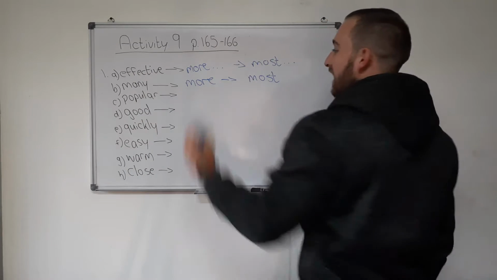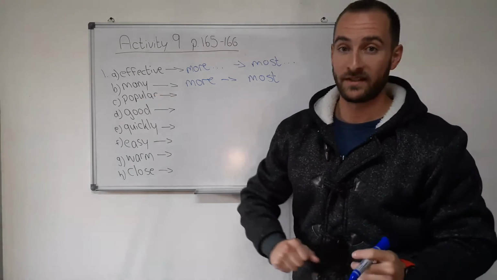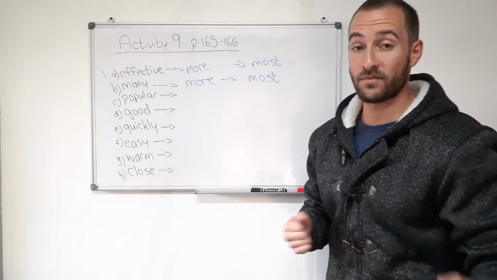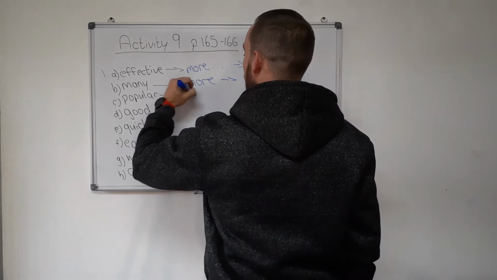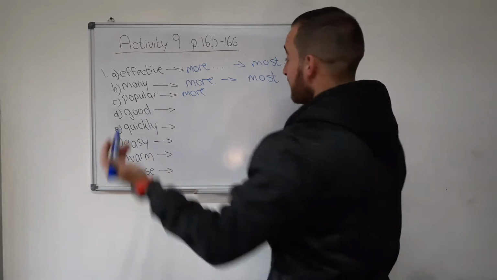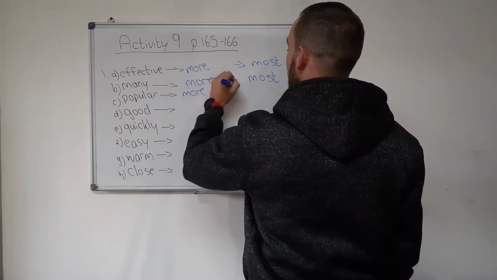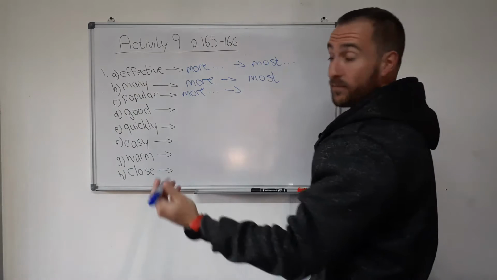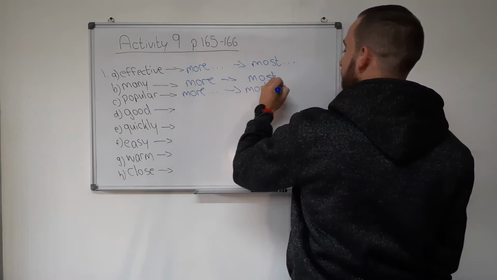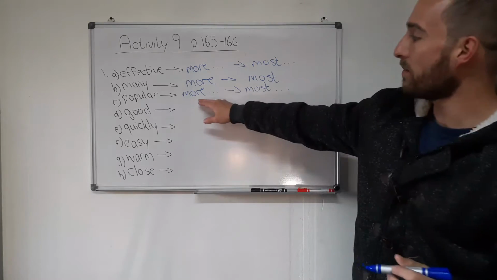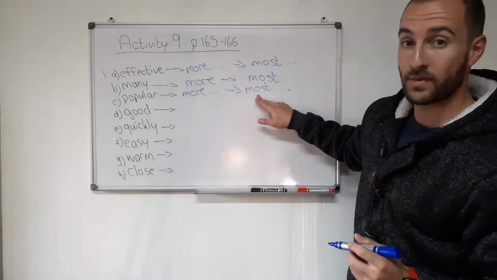Okay, now we can continue on to popular. I hear 3 syllables there, so my job just got a lot easier. I just add more or less plus my word. And if I wanted to take it to the superlative form, I add most plus my word. So more popular, most popular.